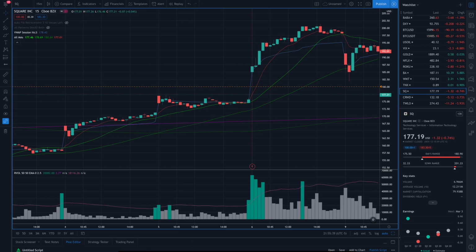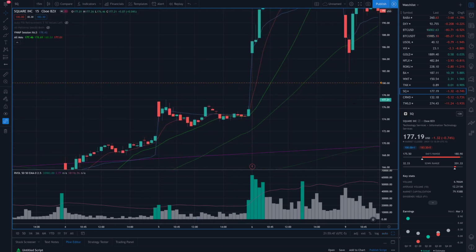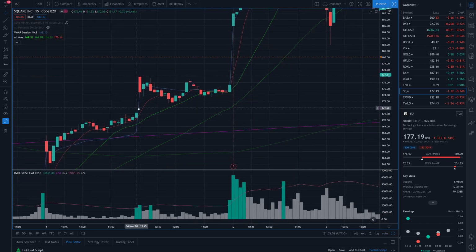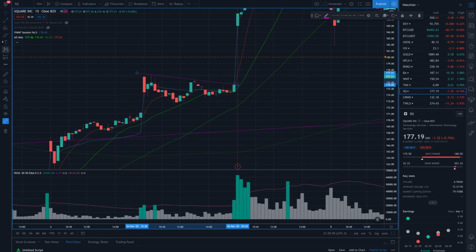The first one I want to go over is a bullish pennant. A bullish pennant is when a stock will squeeze between the high and low into a triangular type pattern, right? So here on Square, let me hide all the other lines.